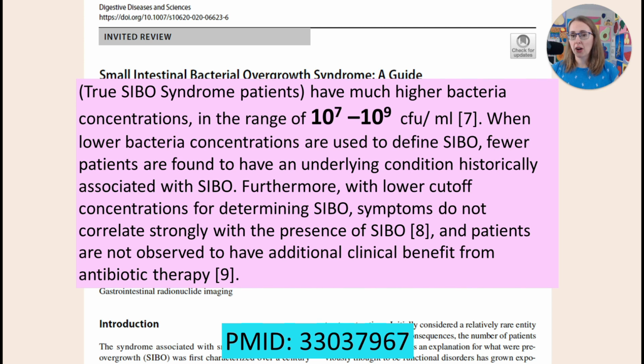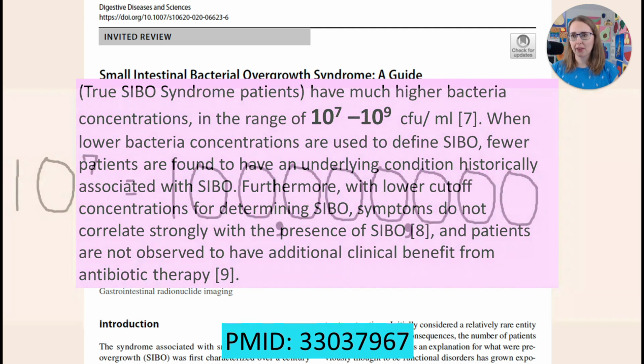Furthermore, with low cutoff concentrations for determining SIBO, symptoms do not correlate strongly with the presence of SIBO. Why are we talking about this if it doesn't correlate with or cause your symptoms? And the patients are not observed to have additional clinical benefit from antibiotic therapy. Holy crap, guys.